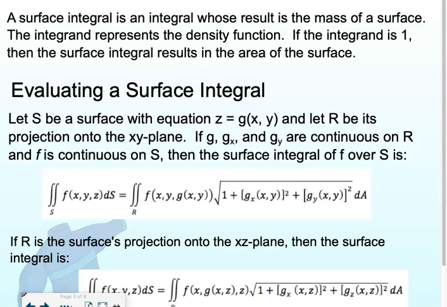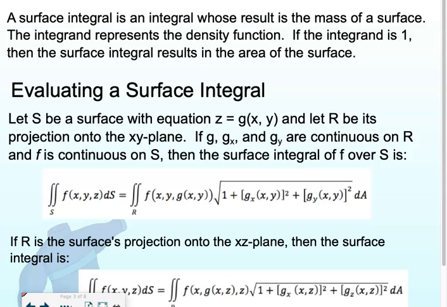Now, there are 3 ways to orient a surface. I put all 3, but I want you to understand it's the exact same formula, just from different perspectives. This is the main formula, if your region R is projected onto the xy plane and your surface equation is z in terms of x and y.